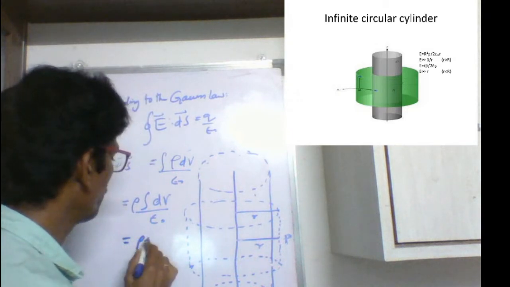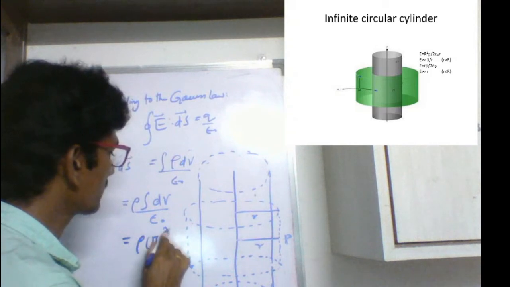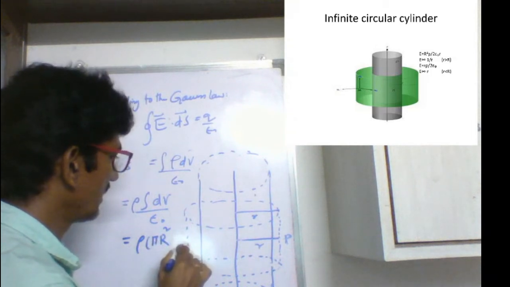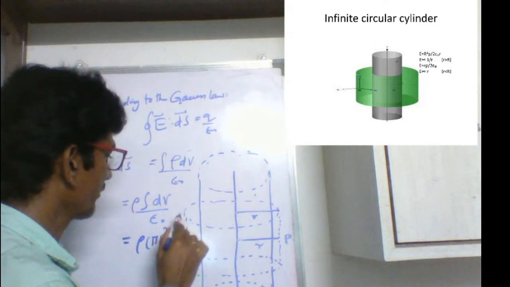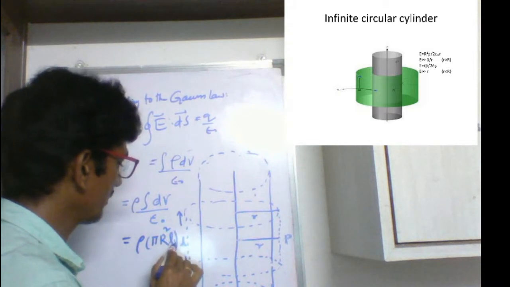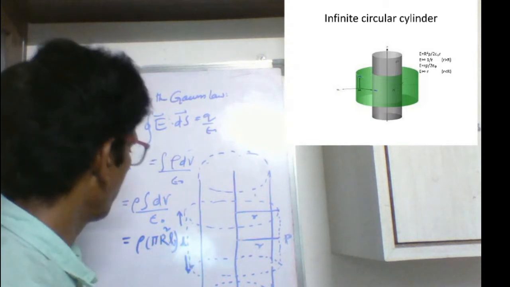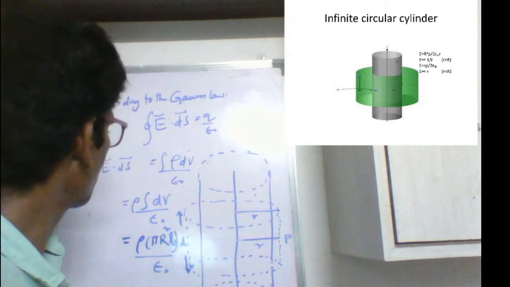It is rho pi r square L by epsilon naught.